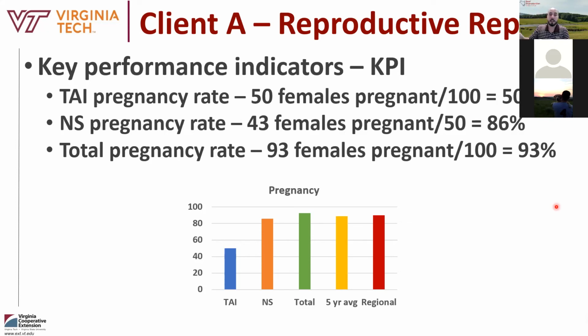As well as other clients in their region, right? So this is something we're trying to do here in Virginia, create those benchmarks, right? So the prison, they have facilities all over the state, so we can use them to inform other producers around them. For example, a producer had a really bad year, low pregnancy rates.